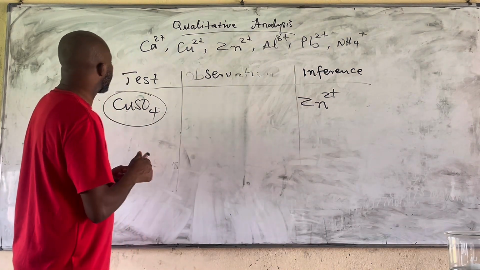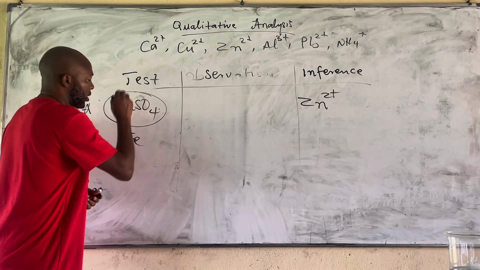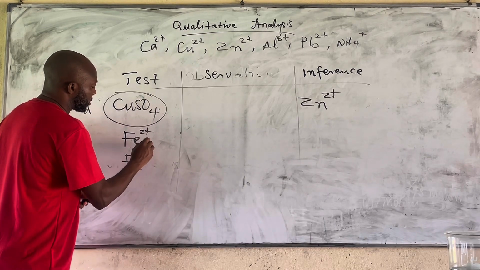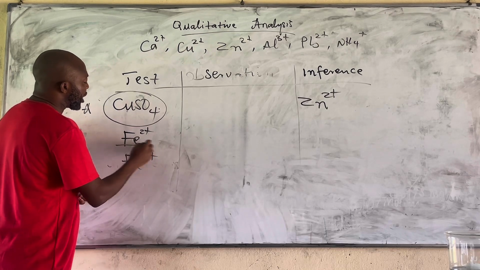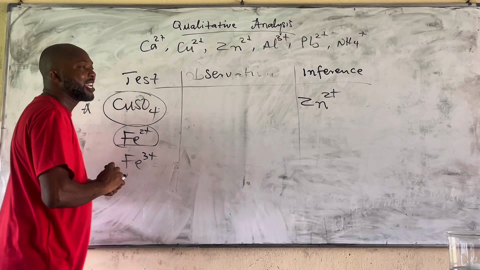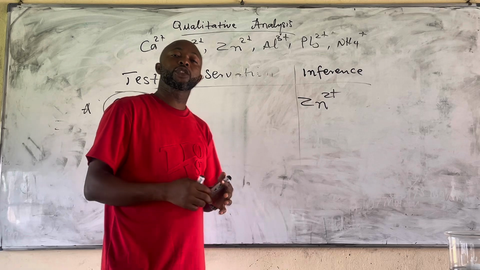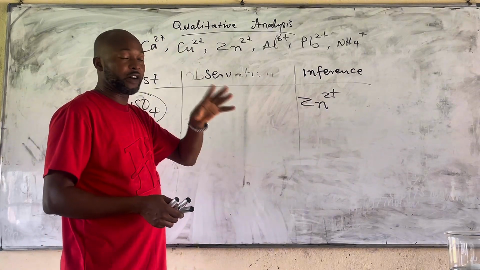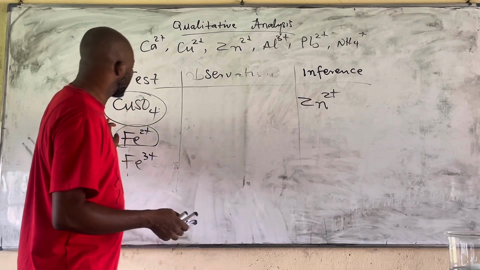If it is iron 2+, we also have iron 3+. If it is iron 2+, it gives us a light green gelatinous precipitate, which is insoluble in drops and excess of sodium hydroxide. So this one is not soluble.